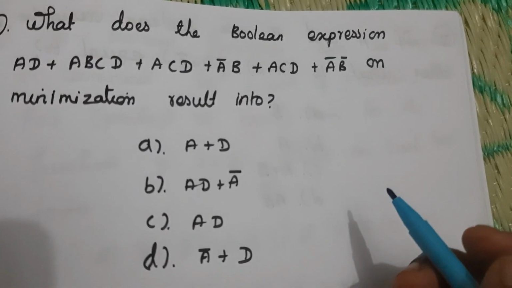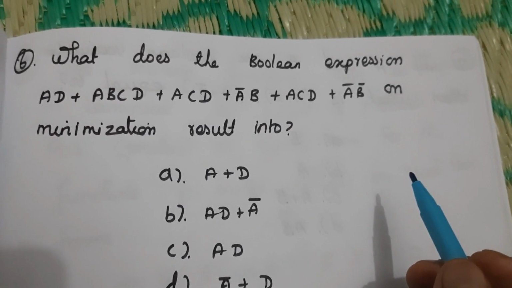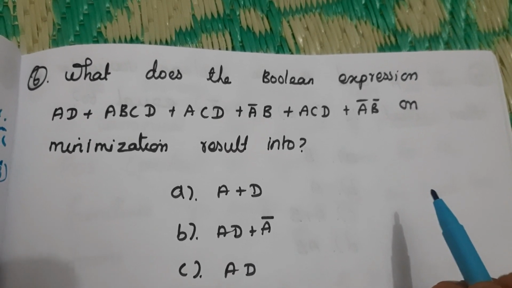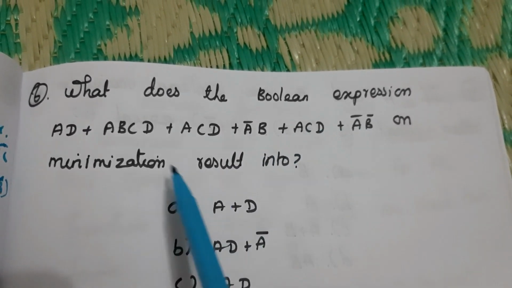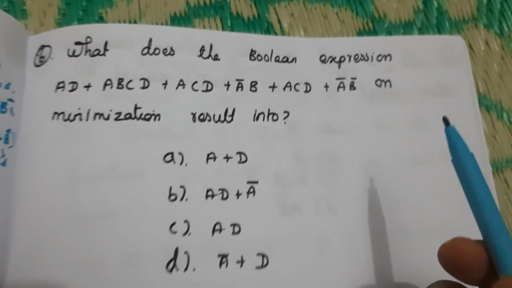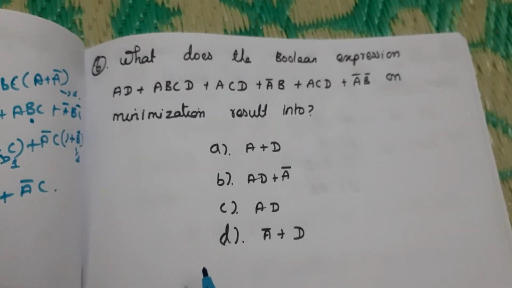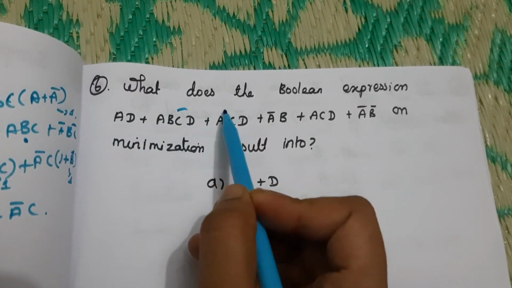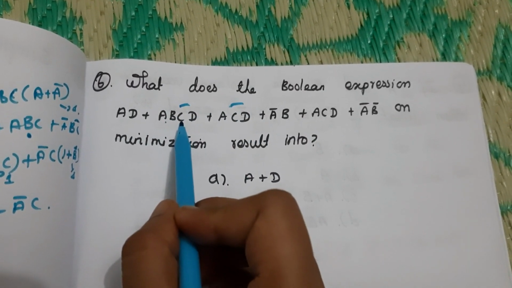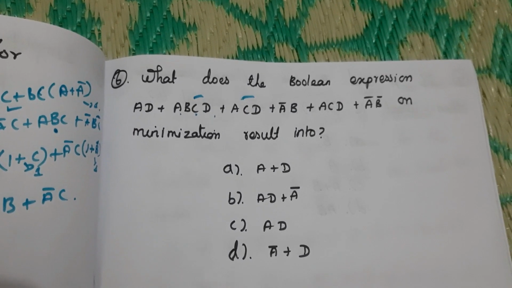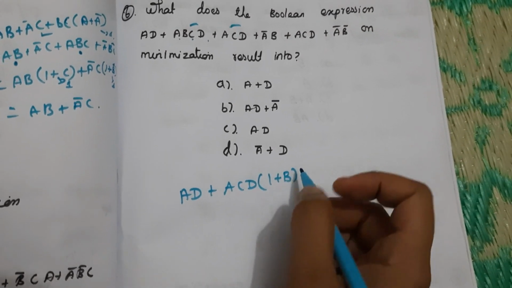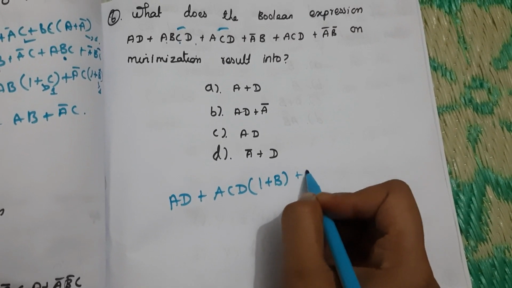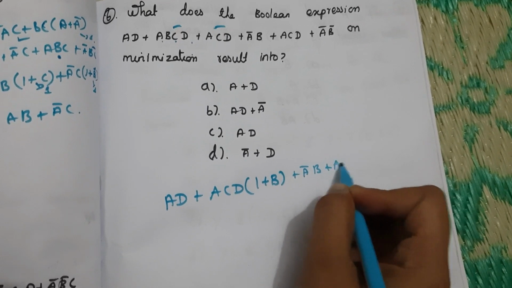Next question, what does the Boolean expression AD + ABCD + ACD + A'B + ACD + A'B' minimize to? Consider this term and this term, we can take ACD out. So first minimize that one, taking ACD out we will get 1 + b, and a'b + ACD.